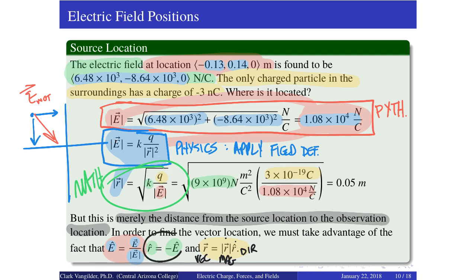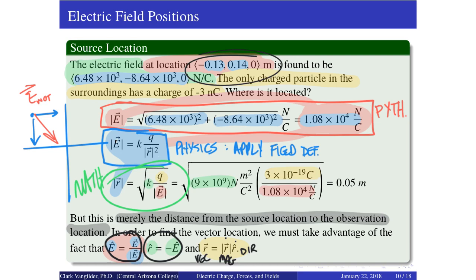So since that's true, and since I have all of this data, that means I can make an equivalence between E hat and R hat. And if I find out the magnitude of the R vector, which is what this is, I'm in business.